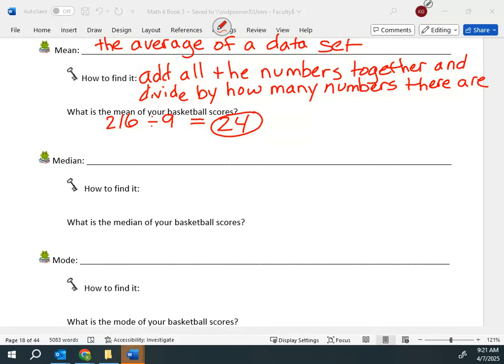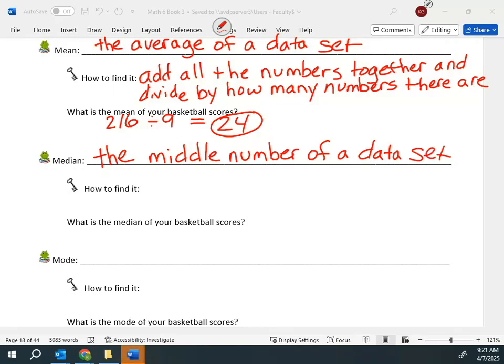Now our median, the definition is the middle number of a data set. How to find it?